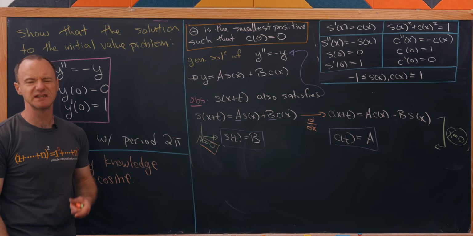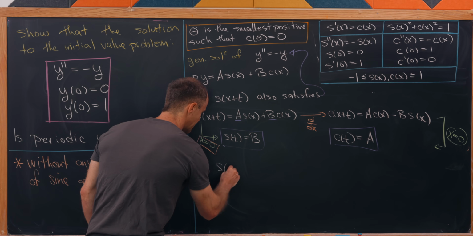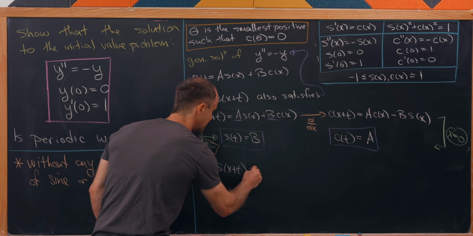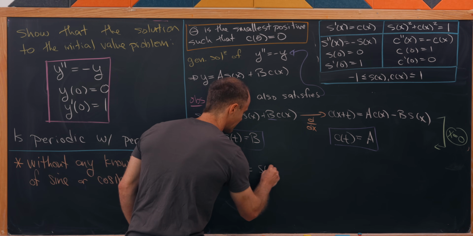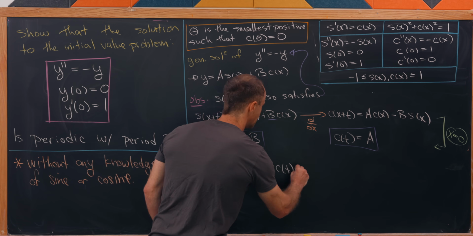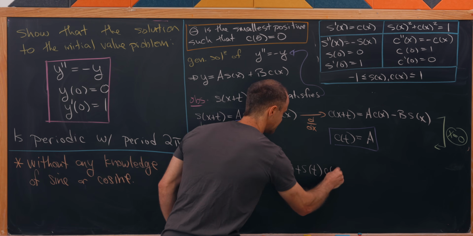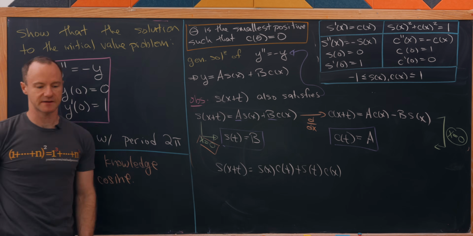We're really in terms of t and our original functions. So let's write that down. We have s of x plus t must be equal to, I'm going to write it in the order s of x times c of t, and then plus s of t times c of x. So something like that.